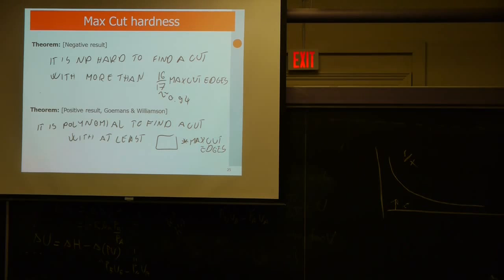Oh, someone already knows. So the best result so far is 0.878. So it's pretty close to 0.94. And for me, it's just interesting that with 0.94, it's NP-hard, but with 0.878, it's polynomial.